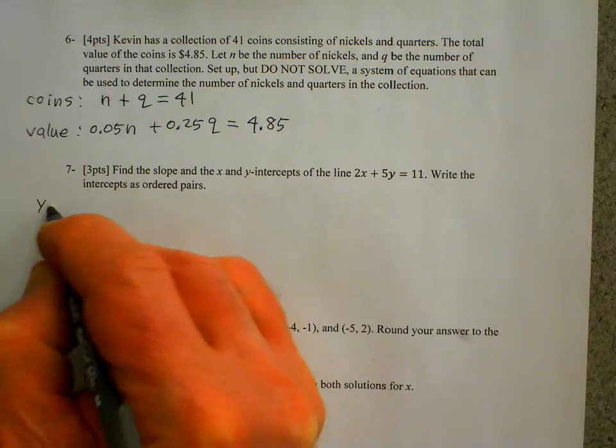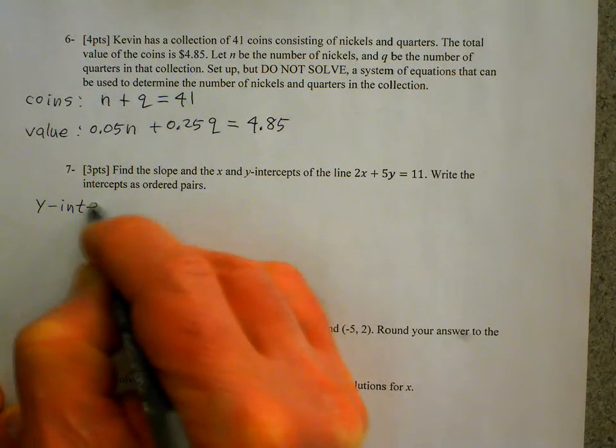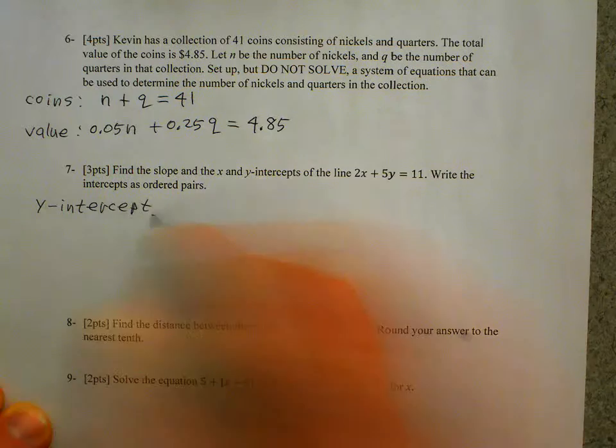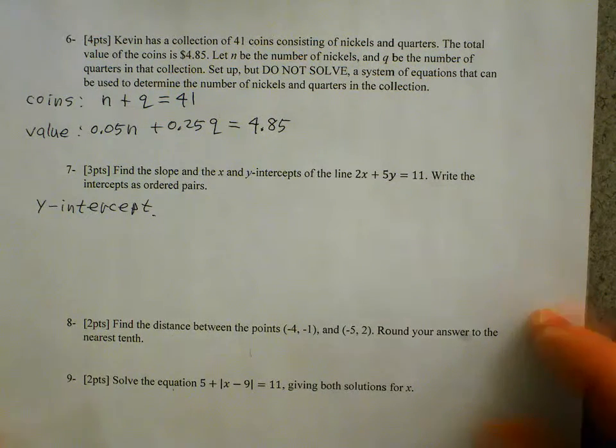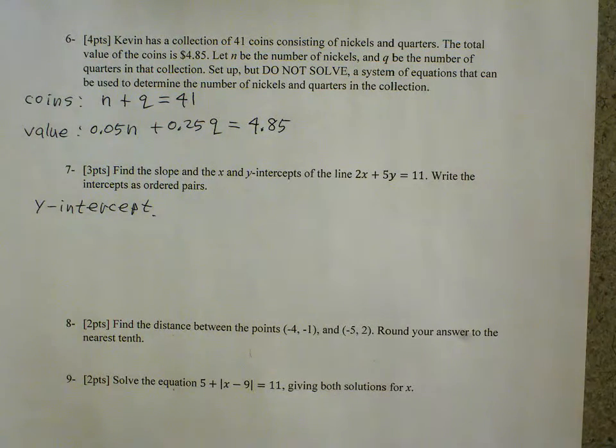Let's find the y-intercept first. So what do we know about every y-intercept? Besides graphically, it means that that's the place on the y-axis that the line crosses. But what else does it mean?